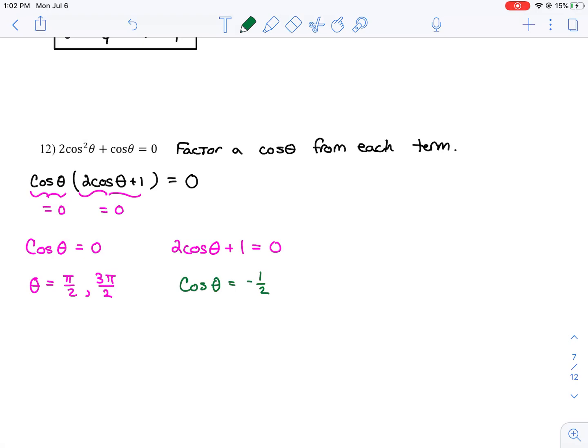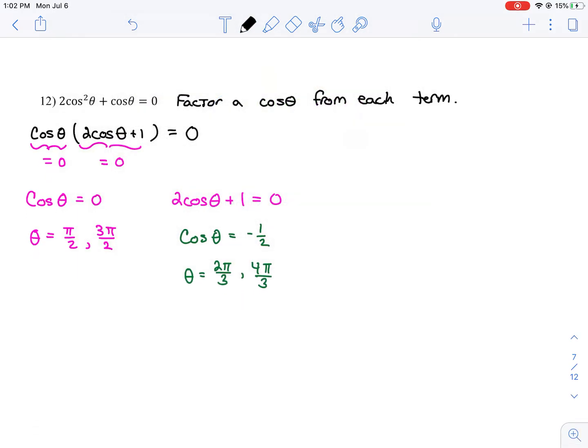And then I ask myself what angle or angles have a cosine value of -1/2. Well, when theta is equal to 2 pi thirds or 4 pi thirds, cosine is -1/2.